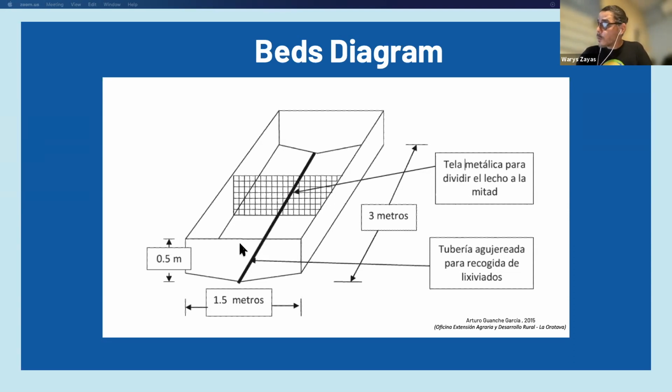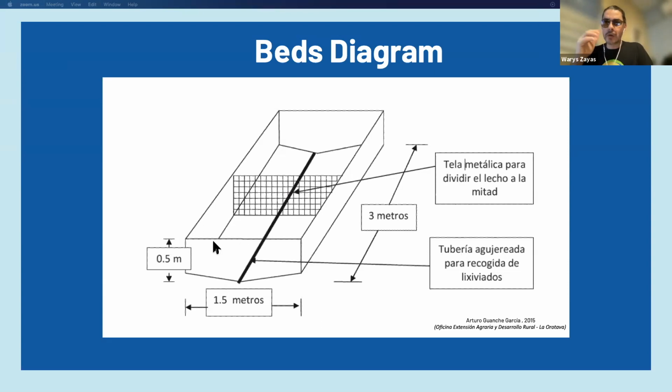Then we place the worms inside in the upper part of our first layer of organic matter, and then periodically, depending on the processing rate of our worms, we keep adding other layers. But the next layers that we add will be thinner than the first one.